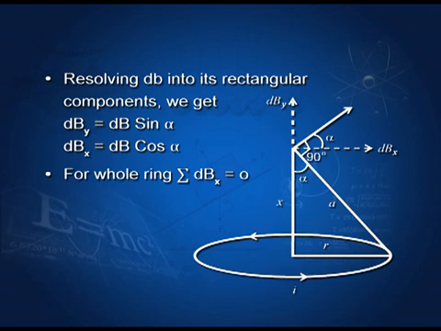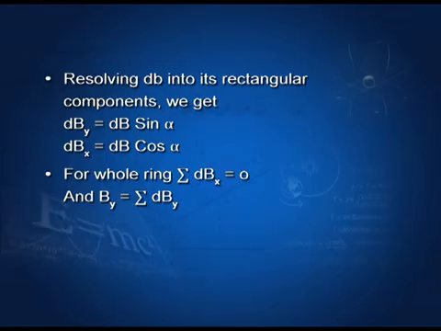As we move the current element around the whole loop, the dBx will also move around the loop. As a result, the summation of dBx will be 0, because the opposite parts of dBx will cancel each other. Whereas the magnetic field along the y-axis, say By, will be equal to the summation of dBy.